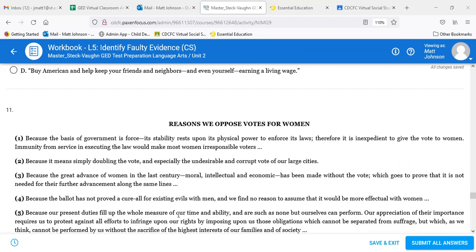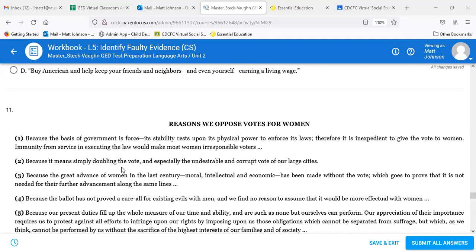Here we go. Because the basis of government is force, its ability rests upon its physical power to enforce its laws. Therefore, it is inexpedient to give the vote to women. Immunity from service in executing the law would make most women irresponsible voters. Because it means simply doubling the vote, and especially the undesirable and corrupt vote of our large cities.